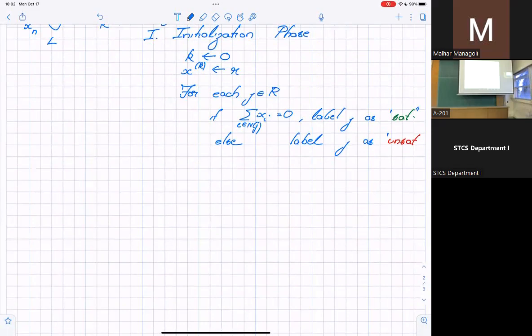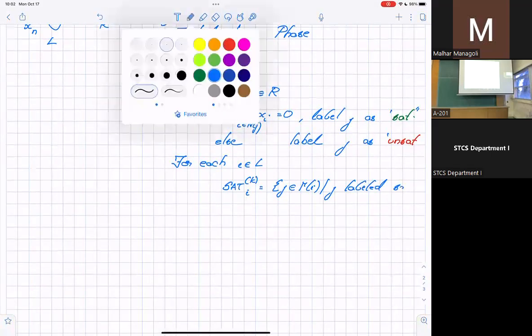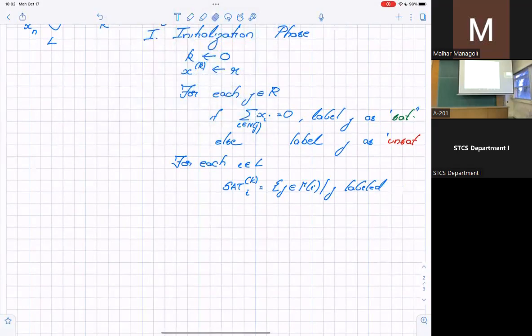Therefore, for each i in L, we initialize sat_k of i to be the set of j in Gamma of i labeled sat, and unsat_k of i to be the j labeled unsat. Right now k is 0.